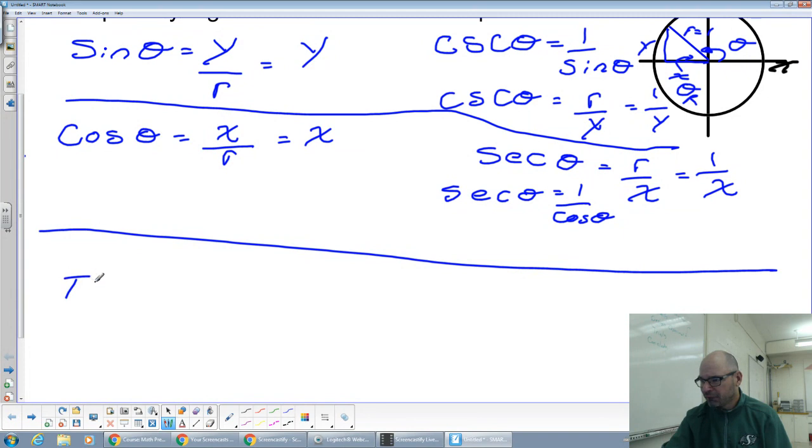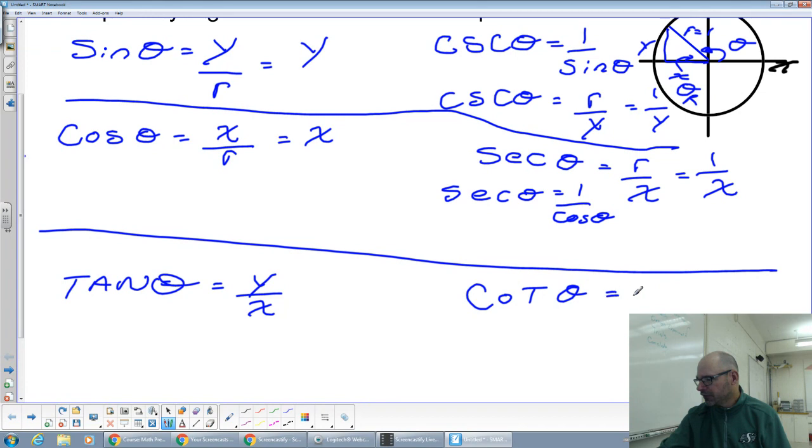So tangent theta, we know that's opposite over adjacent, that's y over x. And that's equal to, in the unit circle, the r doesn't fit in there, so it can't be broken down any. So cotangent theta, that's equal to the reciprocal of that, x over y.